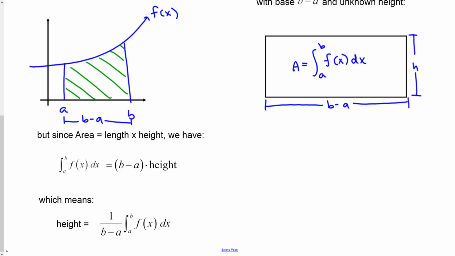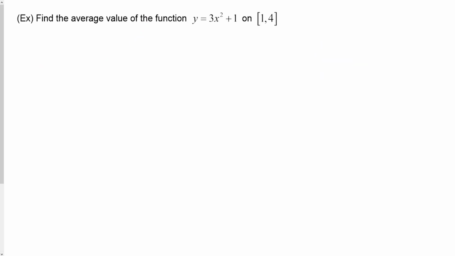But what you need to be able to do is evaluate these. And evaluation is really no big deal. If you want to find the average value of y on the interval from 1 to 4, you take 1 over the width of that interval times the integral from 1 to 4 of 3x squared plus 1 dx.